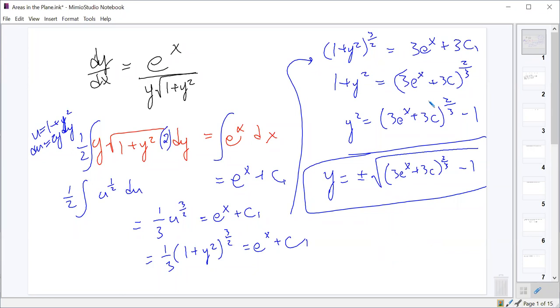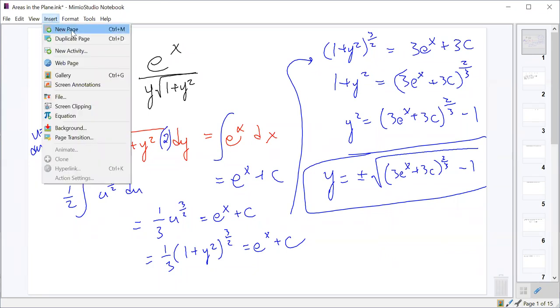But that's not necessary. I just leave it as the 3c if you're doing a general solution, or a 7c, or whatever it happens to be. Does that make sense? Yes, thank you.